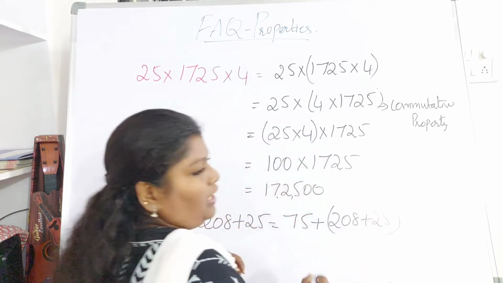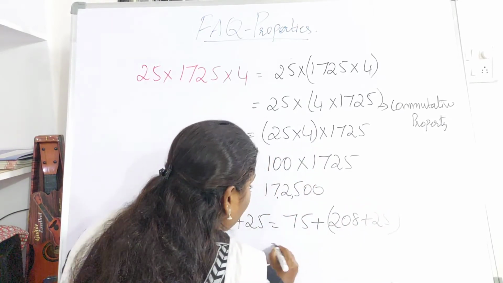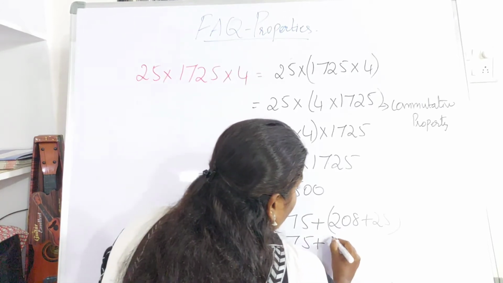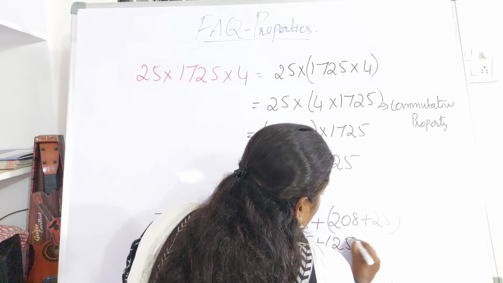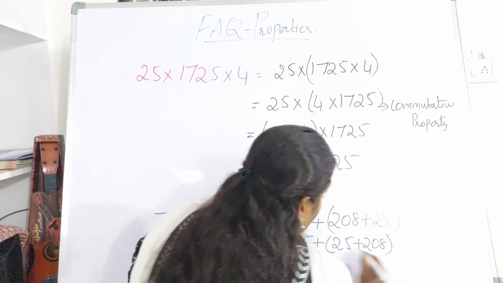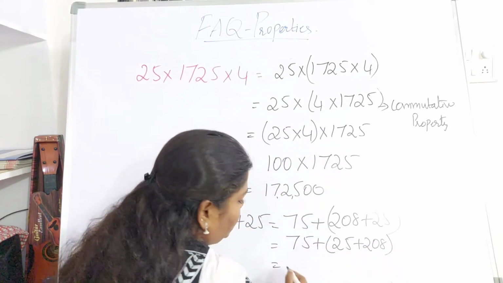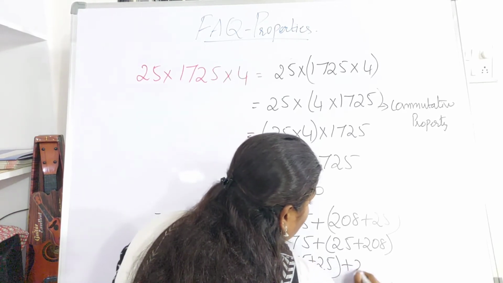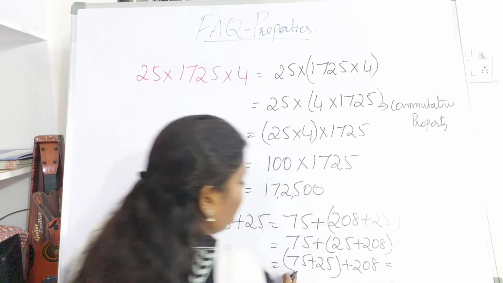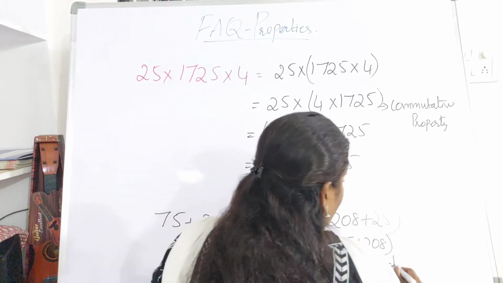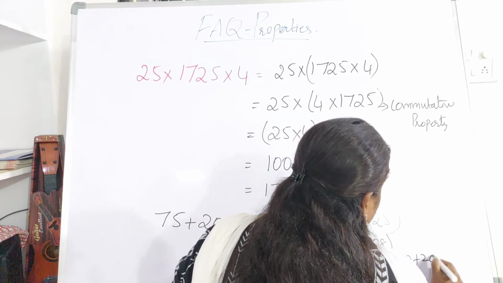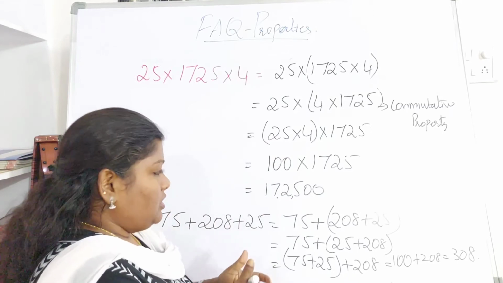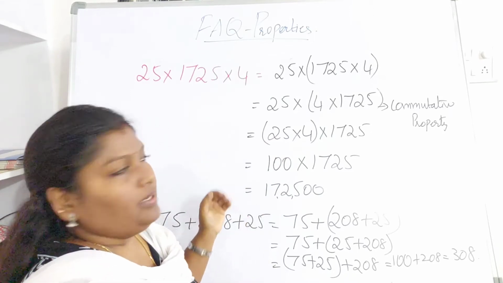So I am taking 208 plus 25 and I am using commutative property and interchanging their places, that is 25 plus 208. So now I am using associative property, 75 plus 25 plus 208, that is nothing but 75 plus 25 is 100, 100 plus 208 is nothing but 308. So let me explain one more example.